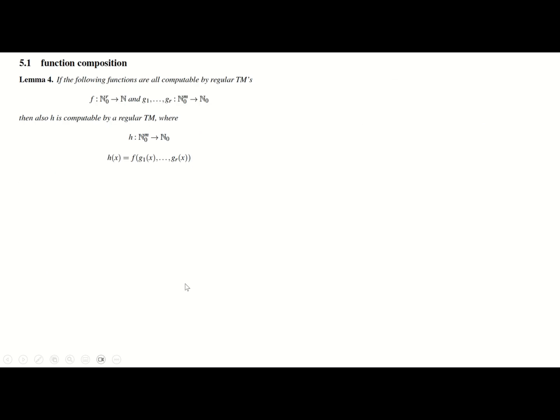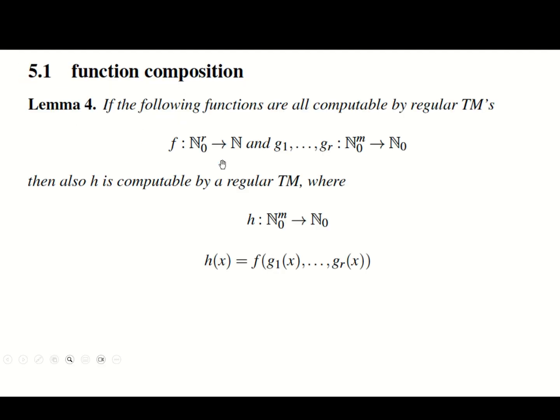Now let's actually understand what we're doing here. Function composition. Now I have constants, projections, and successor. I'm claiming that if the following functions are computable by Turing machines, I always throw in regular because it's easier.